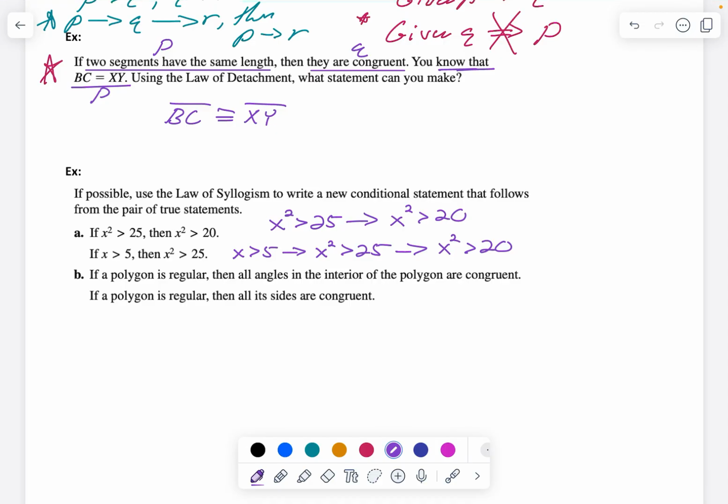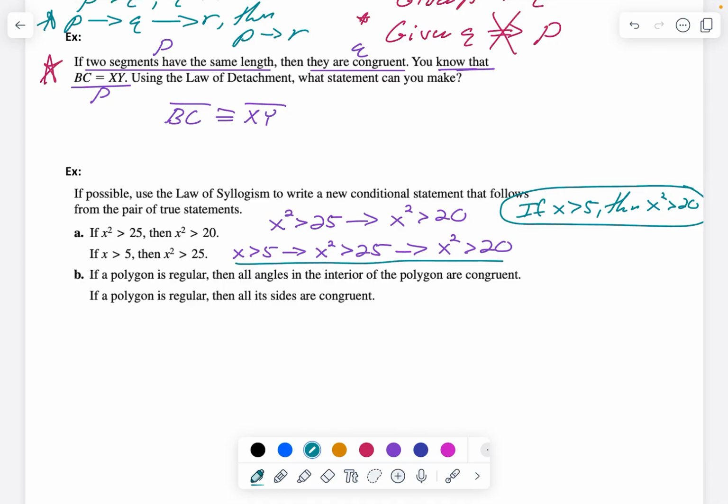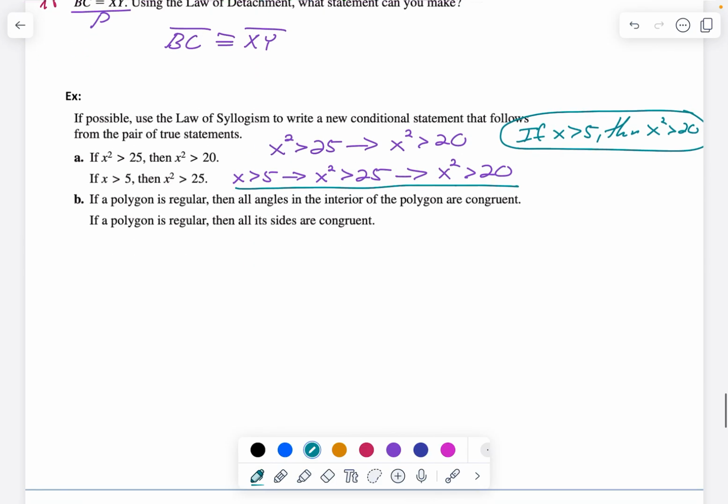If x is greater than 5, then x squared is greater than 25, then x squared is greater than 20. So we could write a new conditional statement that said, if x greater than 5, then x squared greater than 20. Because this whole chain of reasoning is true, we could line it all up, that one follows the other, follows the other.